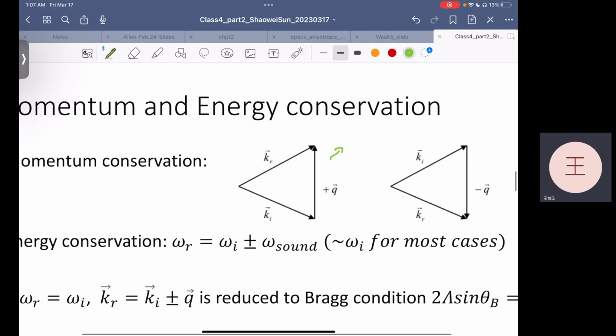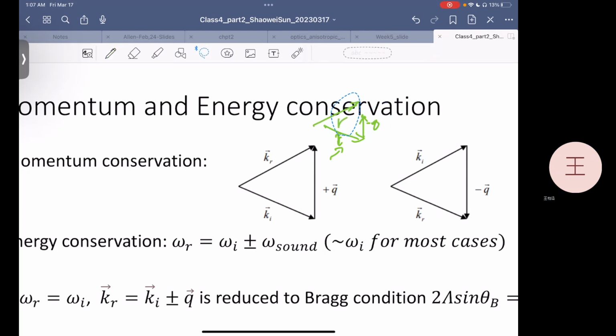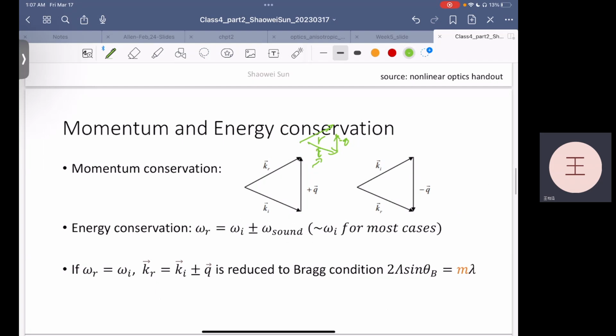Actually, this is special to this case, where you have an incident wave and a refracted wave, and you just move it here, so you will form a closed triangle. And similarly, you just switch it, making that a minus phonon.